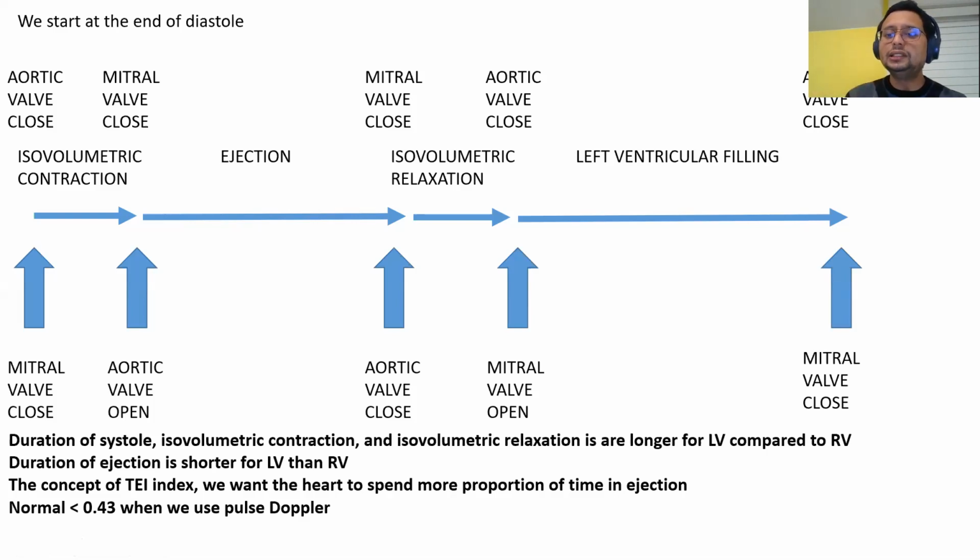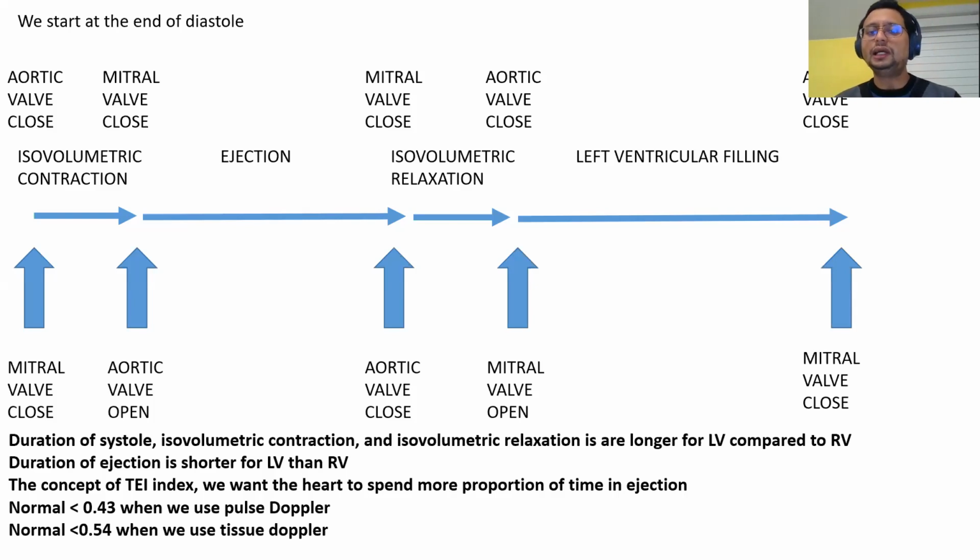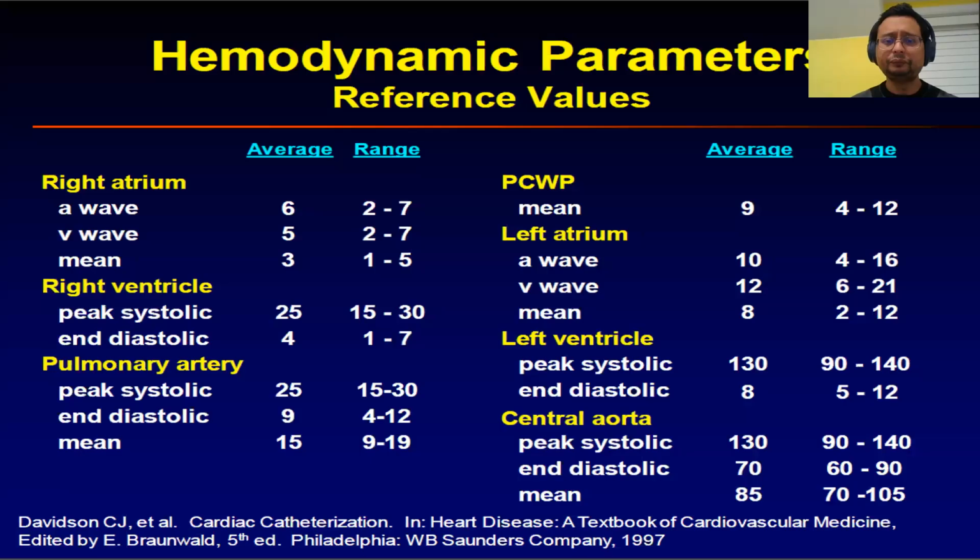If you use tissue Doppler, less than 0.54 is normal. Unfortunately, you have to remember this number, but the concept, I hope you remember. We prefer the heart to spend more time during ejection than during IVRT and IVCT. So the smaller the ratio of IVRT and IVCT over ejection, the better it is.